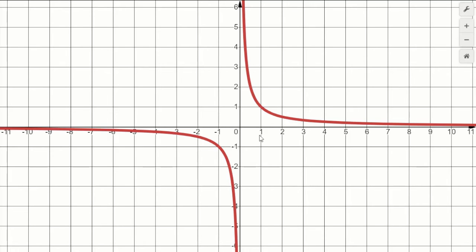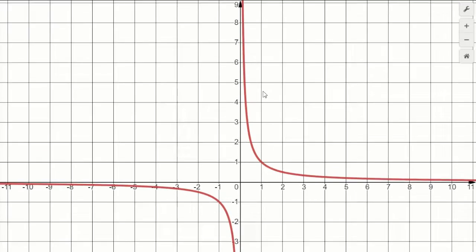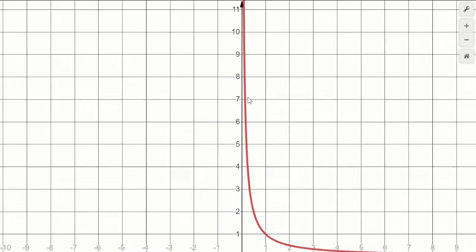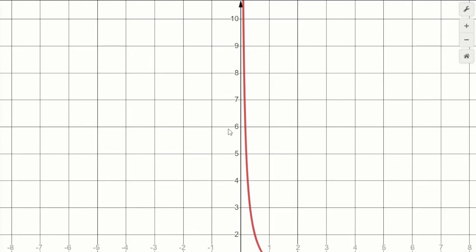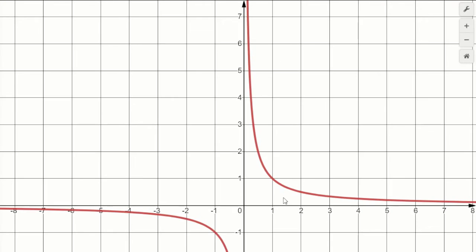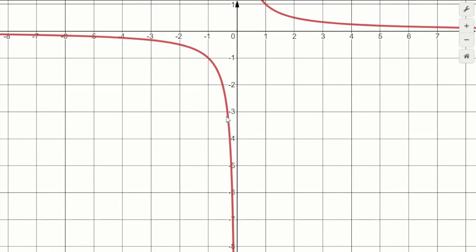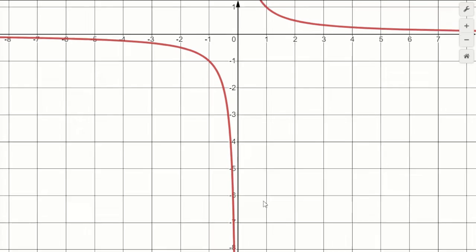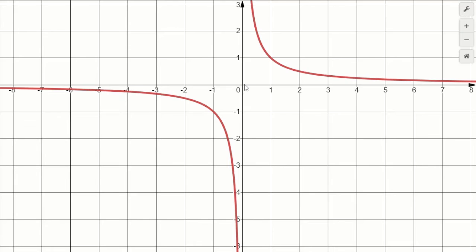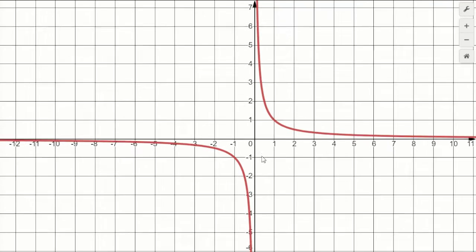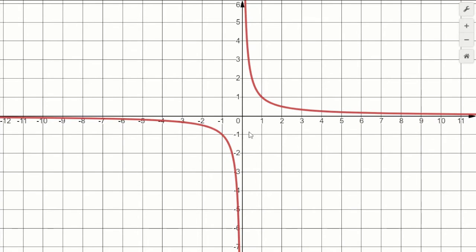But now we see that phenomenon: when x equals 0, do we really have a point that hits the graph? Nope. I can keep dragging it out, and we don't see it. When x equals 0, the graph will not have a point that represents the height at x equals 0. Just like that, on the left, negative side, we won't see a part where the graph crosses through x equals 0. So this behavior is, in other words, asymptotic.